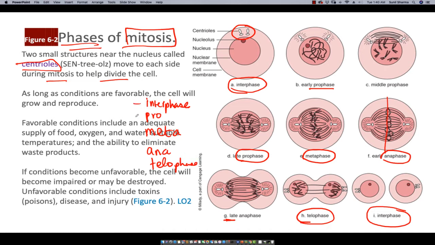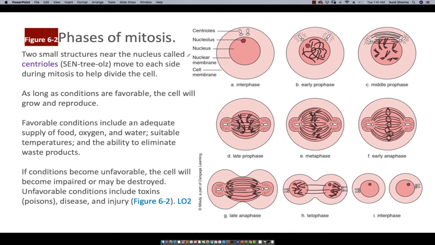And so interphase, prophase, metaphase, anaphase, telophase, and then back to interphase. And so don't be overwhelmed by that. I don't think we need to really learn those. But let's just at least get an idea of what is going on.